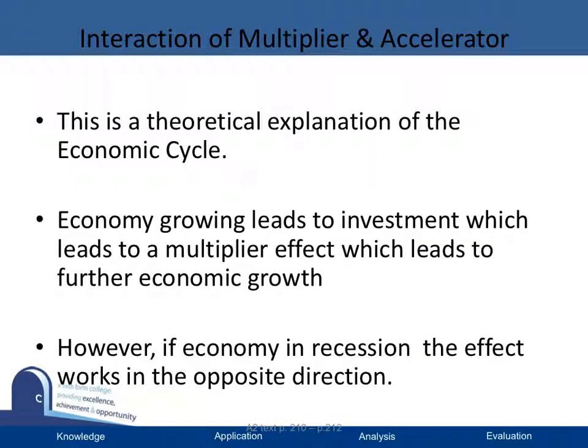Put the two models together, and Keynes would argue that that's quite a nice theoretical explanation of the economic cycle, where investment and the multiplier actually reinforce each other. They work together. But equally, as the economy dips into a recession, they can produce the opposite effect.